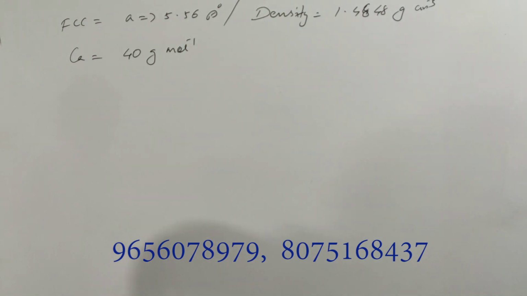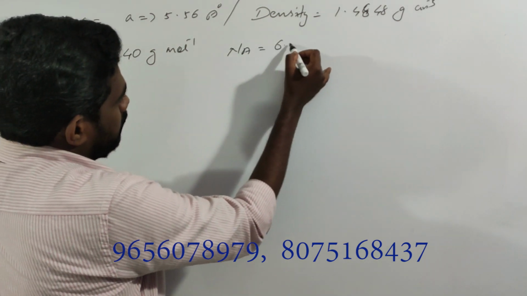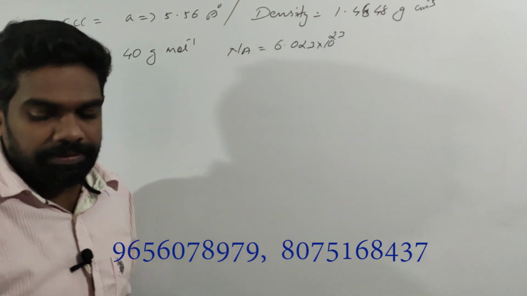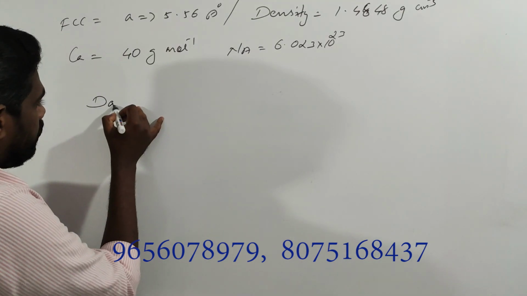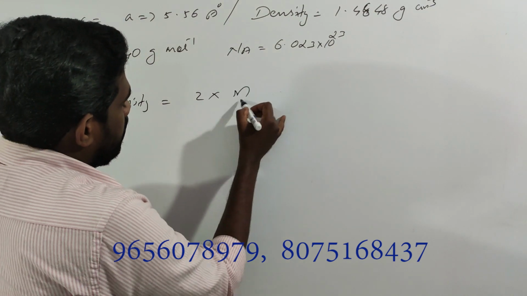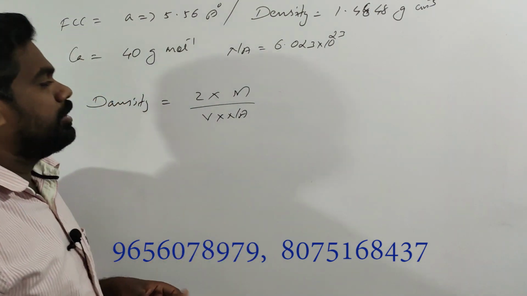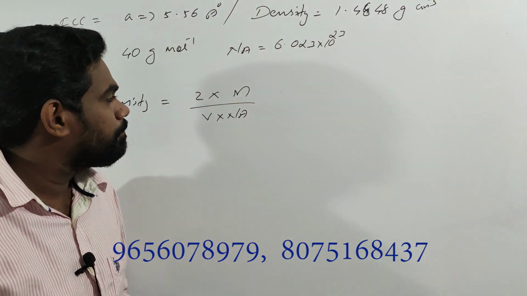Avogadro number Na equals 6.023 into 10 raised to 23. So these are the values given. For a crystal we know density equals Z into M divided by V into Na. This is the equation to calculate the density of a crystal.